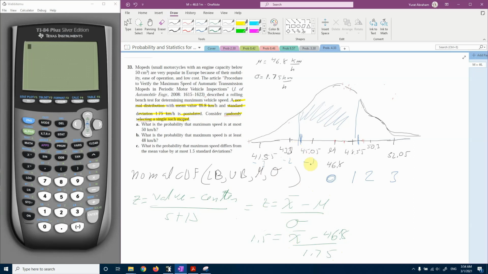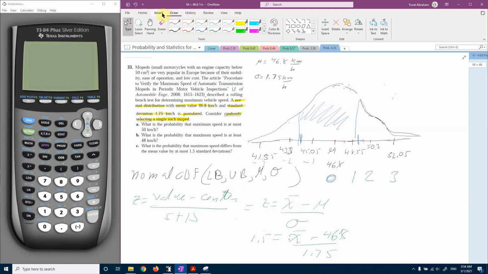But instead of doing that, I'm just going to use 1.5 so you guys can see that you can also use the z-scores to solve this.